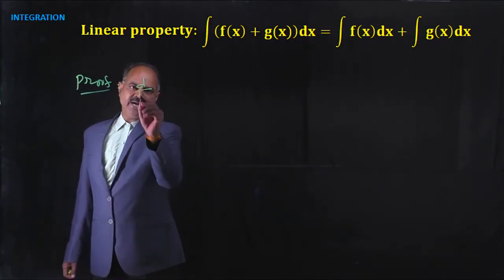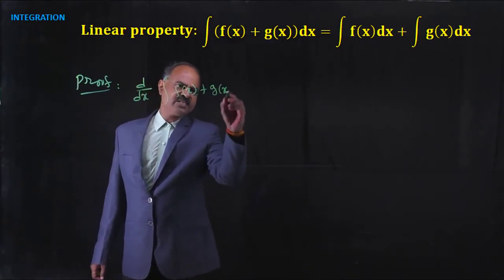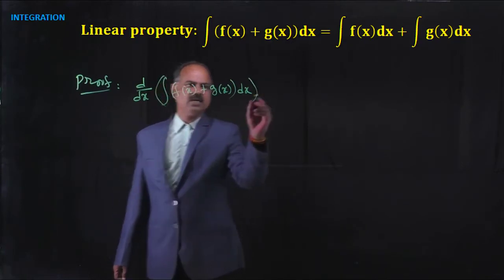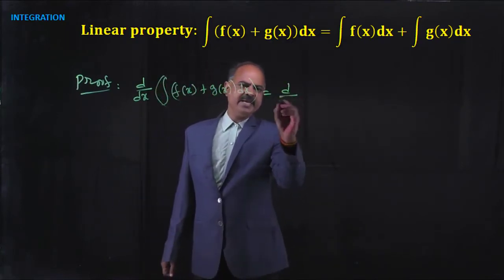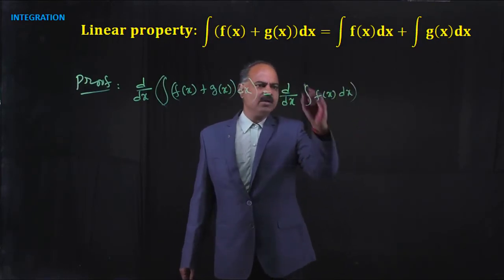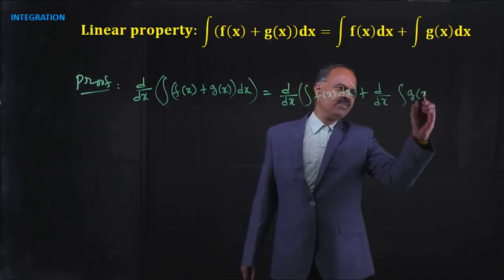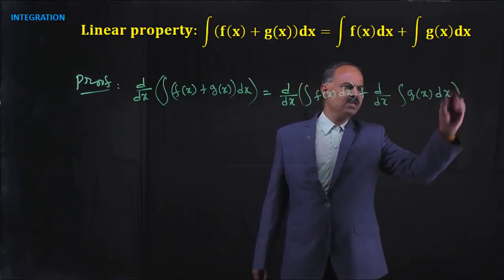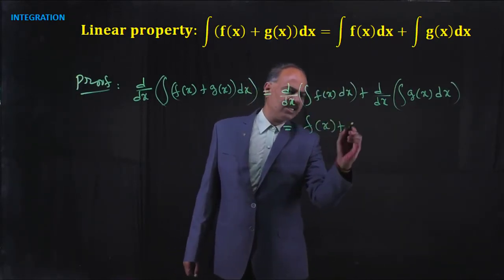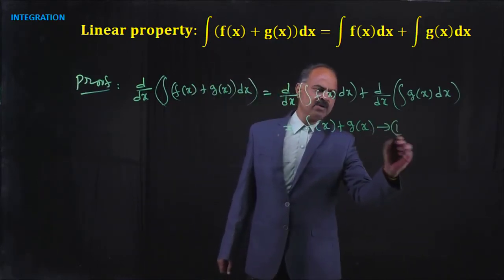So here d by dx of integral f of x plus g of x dx equal to d by dx of integral f of x dx plus d by dx of integral g of x dx. Now that is equals to f of x plus g of x. So this is equation number 1.